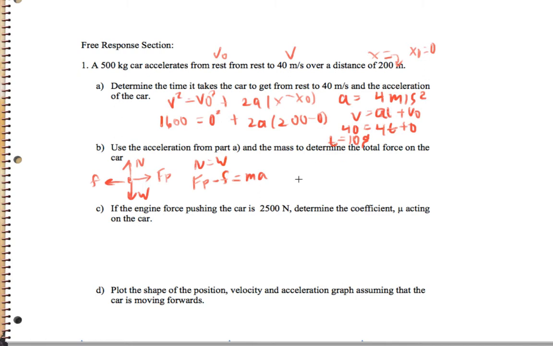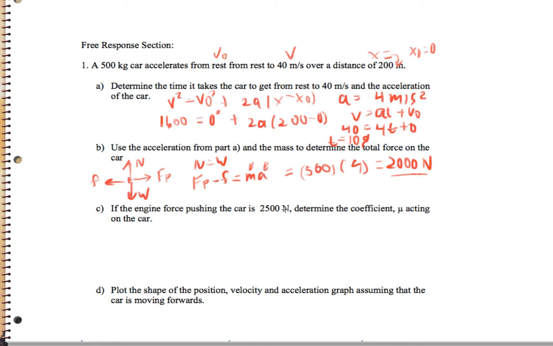Now the total force on the car would be this minus friction, but we can't seem to get that, but we do have the mass and we do have the acceleration, so why don't we just get the total force by plugging in m and a. So that's going to be 500 times 4, and that's going to give me 2,000 newtons of total force.